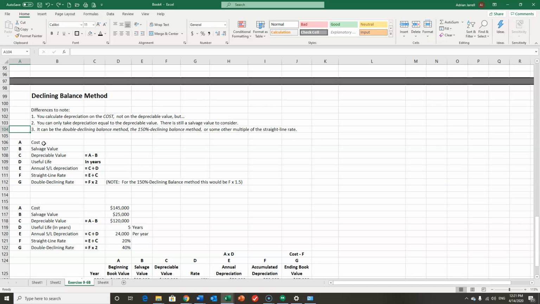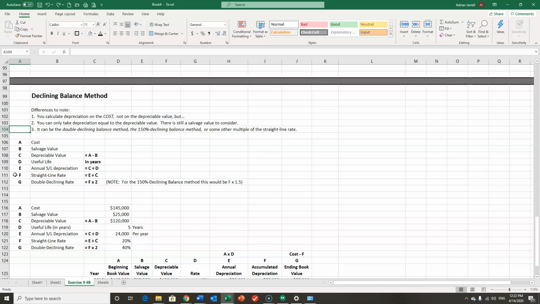Here's the way we do it. We have the cost of the asset. We have the salvage value. Subtract the salvage value from the cost to get the depreciable value. Then you have the useful life in years. You divide the depreciable value by the useful life and you get the annual straight line depreciation.